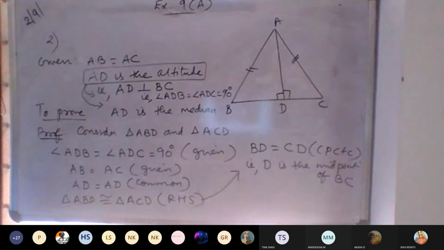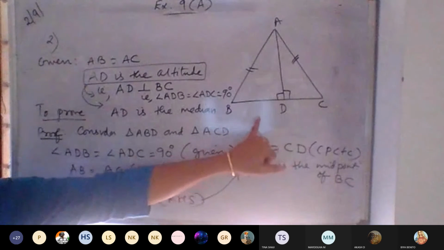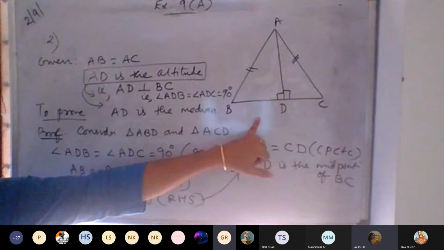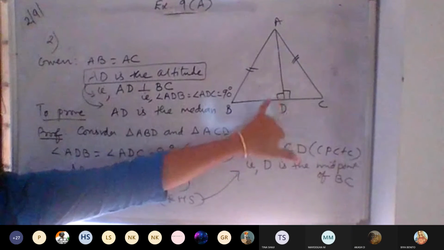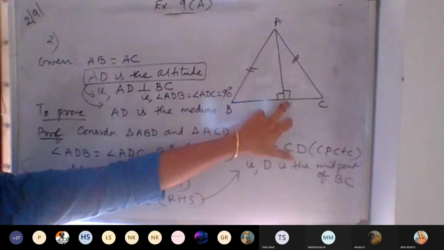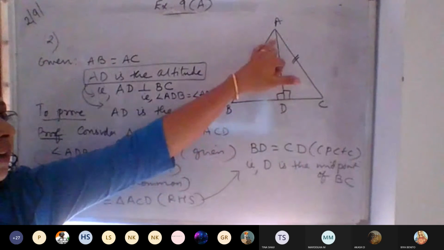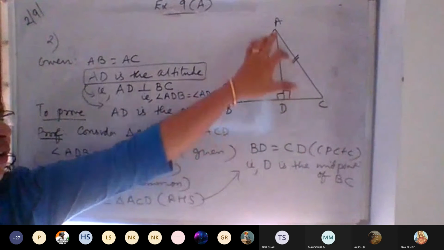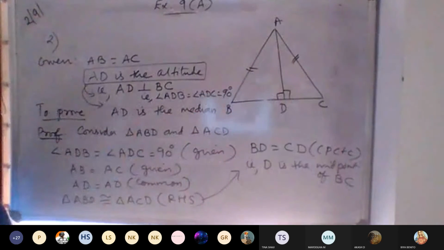Median of a triangle corresponding to any side is the line joining the midpoint of that side to the opposite vertex. So D is the midpoint means we can say that this line AD, the line joining A and D, is the median.